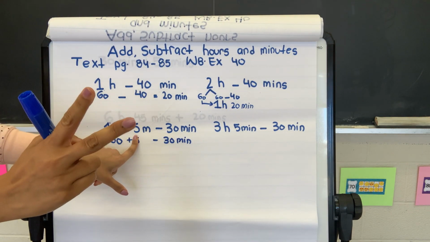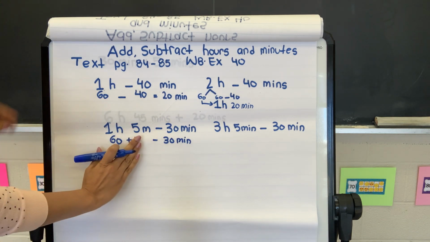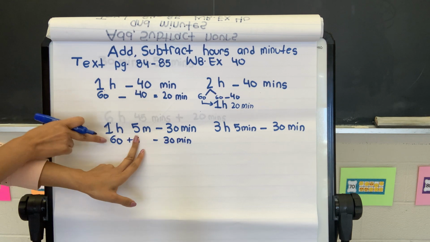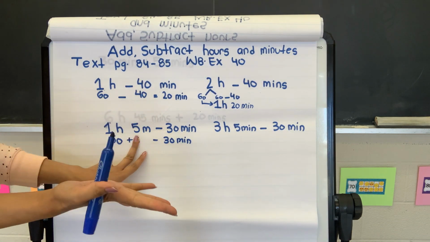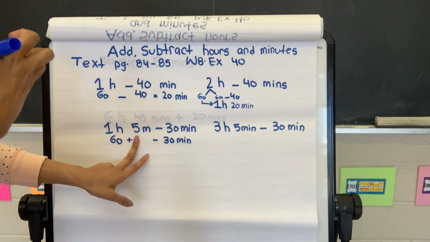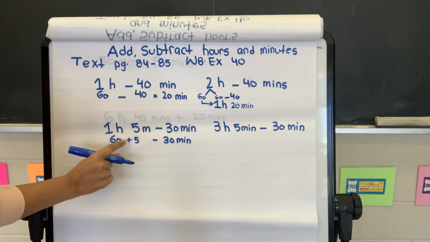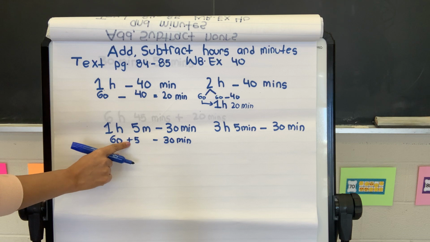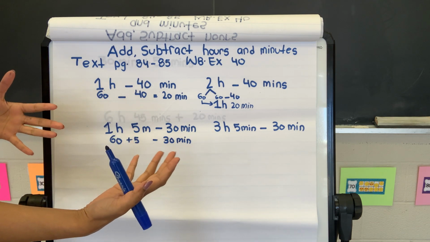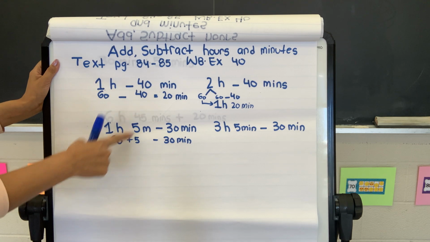You can do it 2 ways. Either you can not touch your 5 yet and subtract 60 and 30, which is easier because 60 take away 30 gives me 30. And then I can just add my 5 to my 30, which gives me 35.